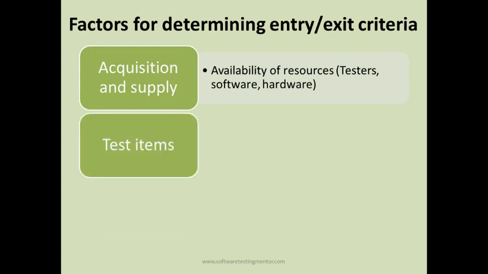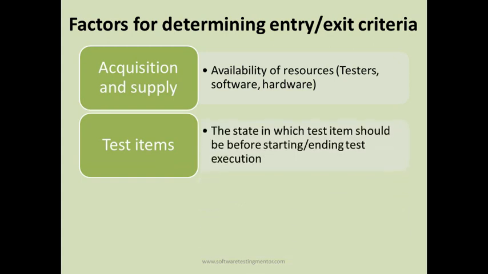Then test items is another factor for determining entry and exit criteria. So the state in which the test item should be before starting or ending test execution. For example, when you start the test execution, the build that you get from developers should pass the build verification test.